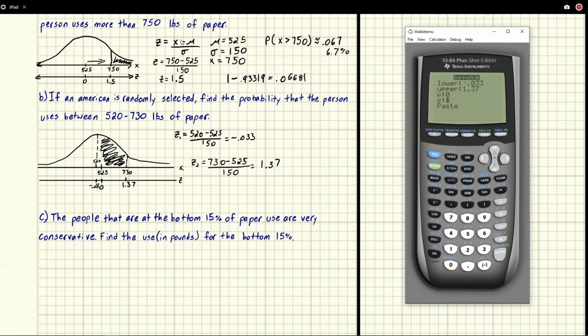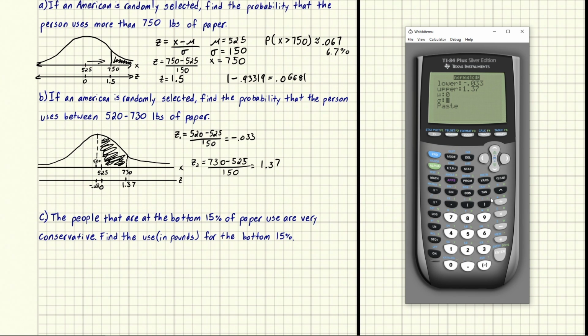That's what this formula up here does for us. It turns them to 0 and 1. And then we're going to hit paste and hit enter, and it gives us the value in between.